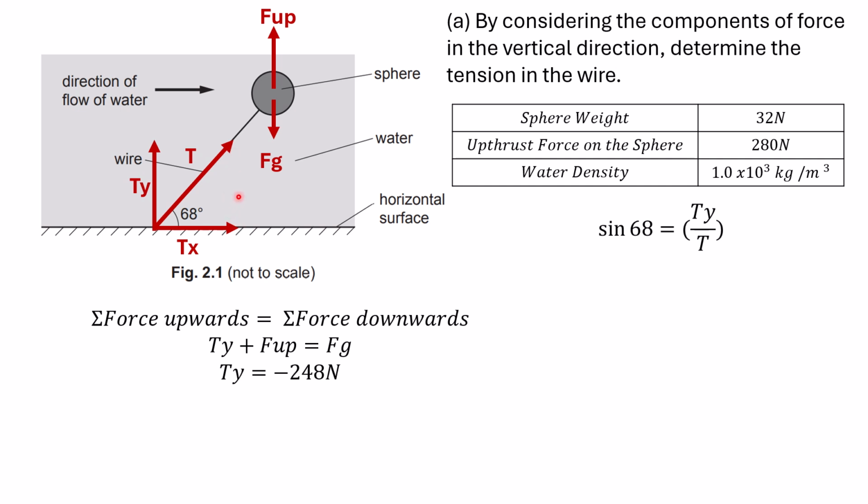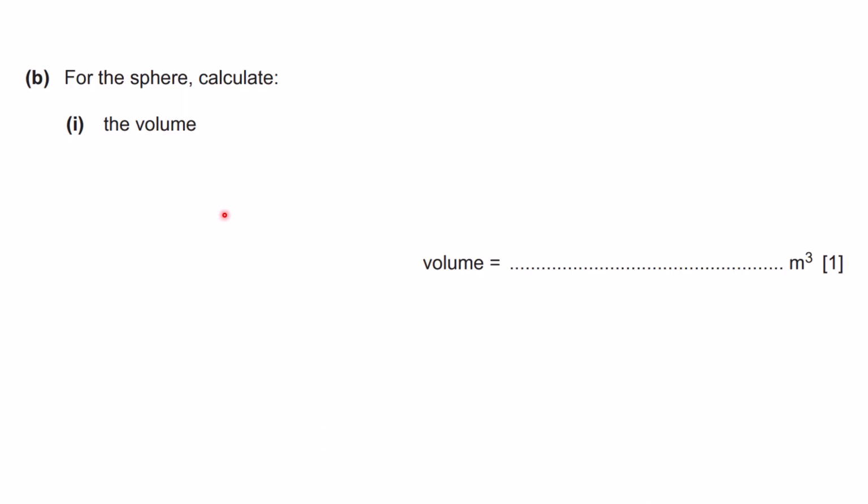So we use sine. You are going to rearrange this in terms of T, and the value of T is 267 or 270 newtons. And the next question is to find the volume of the sphere.